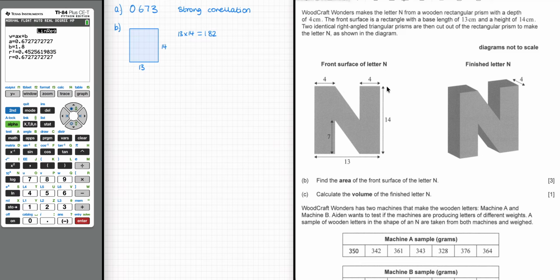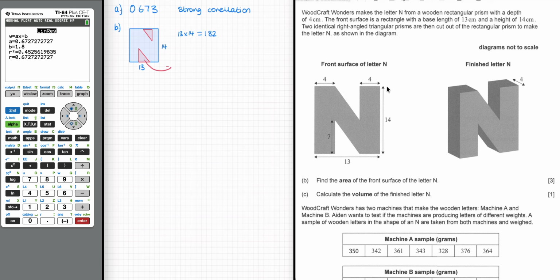So that's the full rectangle. And then we're cutting out these kind of triangular sections. So we have one here that's being cut out, and then we have a second one, an identical shape at the top here.